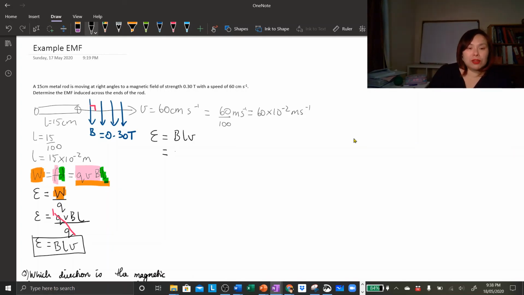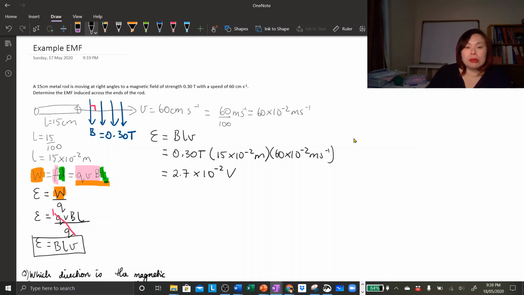So the magnetic field strength is 0.30 Tesla. The length of the rod is 15 times 10 to the negative 2 meters, and the velocity of the rod is 60 times 10 to the negative 2 meters per second. So the answer for this is 2.7 times 10 to the negative 2 volts.